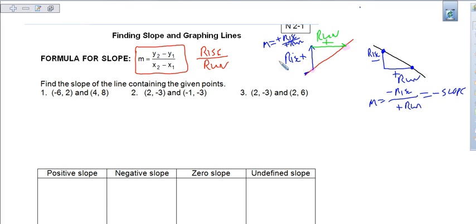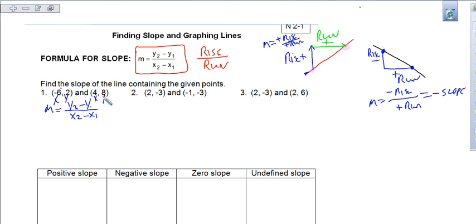Okay, let's take a look at our first example here, where we have the slope of y2 minus y1 over x2 minus x1, and it doesn't really matter which one you call x1 or which one you call x2, but it is important that we note that these are our x and y coordinates.